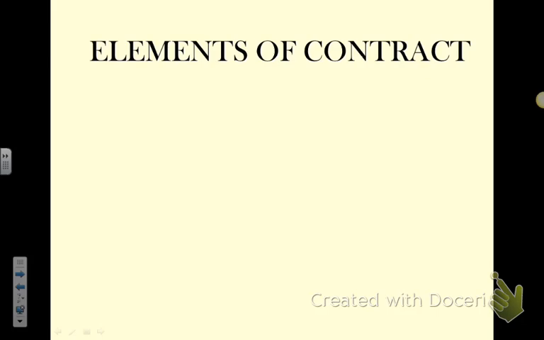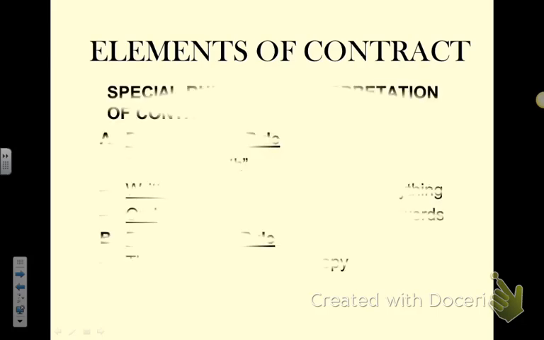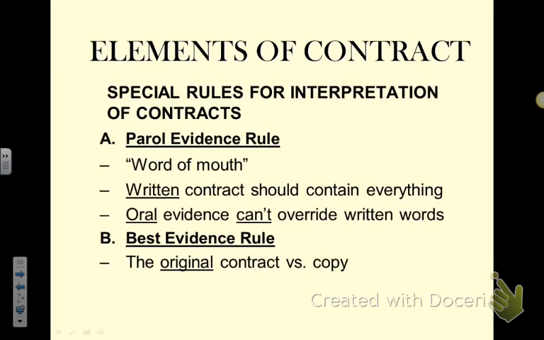The next thing as it relates to legality is that there are certain rules relating to the interpretation of a contract. A contract that is in writing is always going to take precedence over an oral contract.